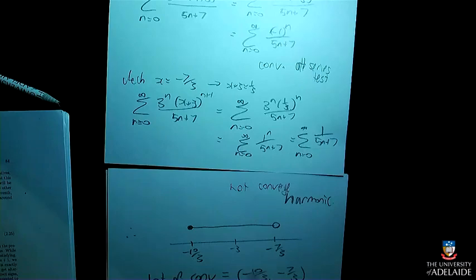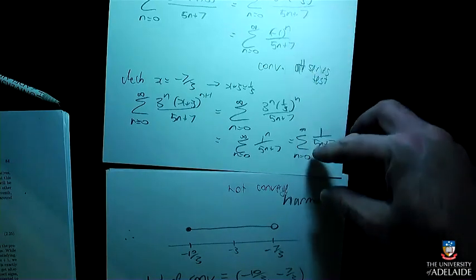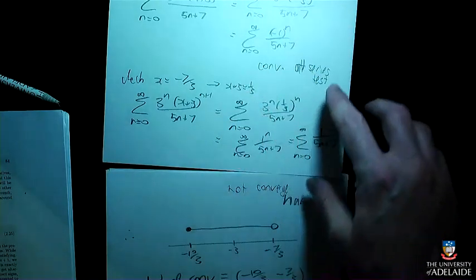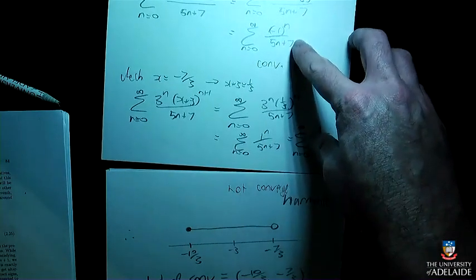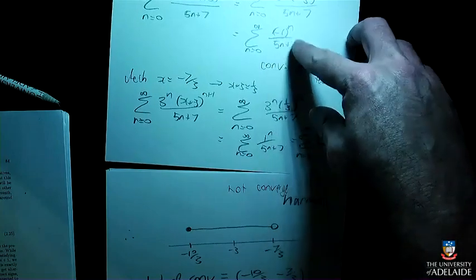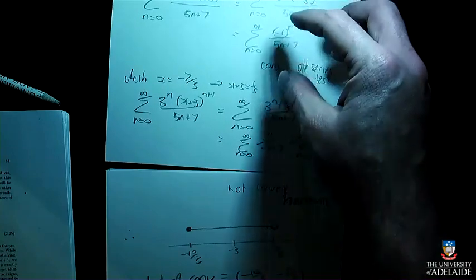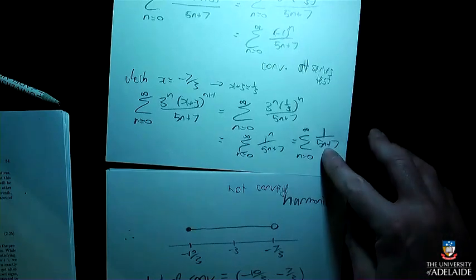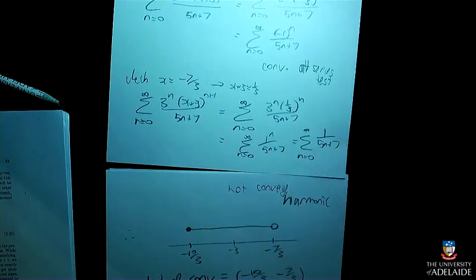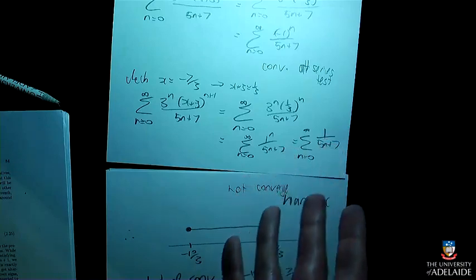Well, if it's equal to 1, you have to do these extra bits here. And so there's two main things that could happen. If you get an alternating between plus and minus 1, and the terms get closer to 0 because there's something on the denominator, then it'll converge. But if you just have 1 over linear thing, then it'll diverge. So if it's equal to 1, you just have to look at it and know.